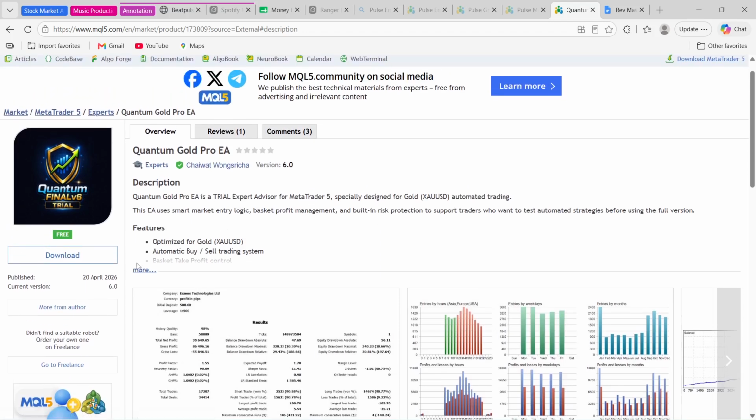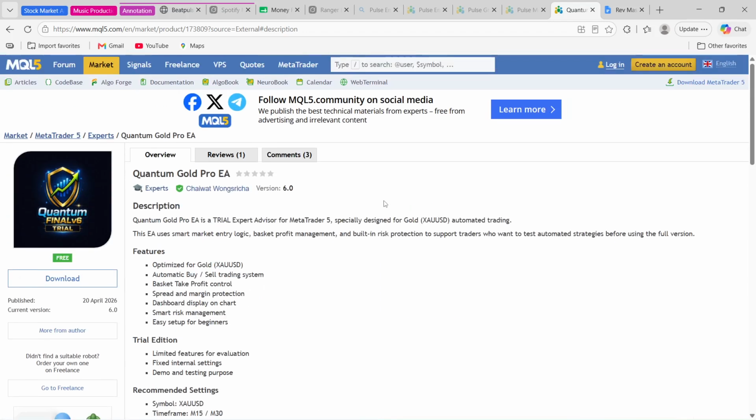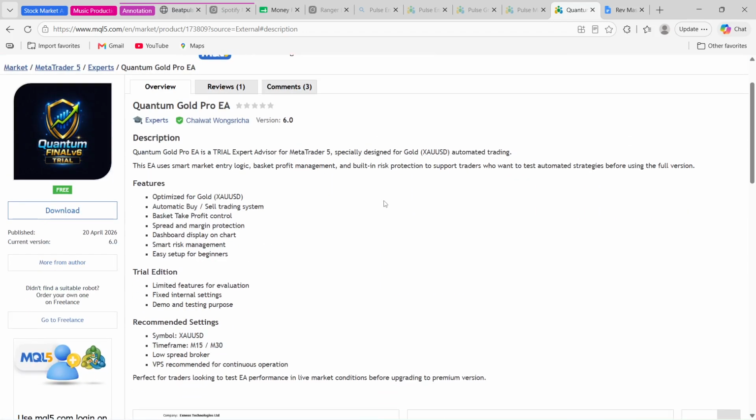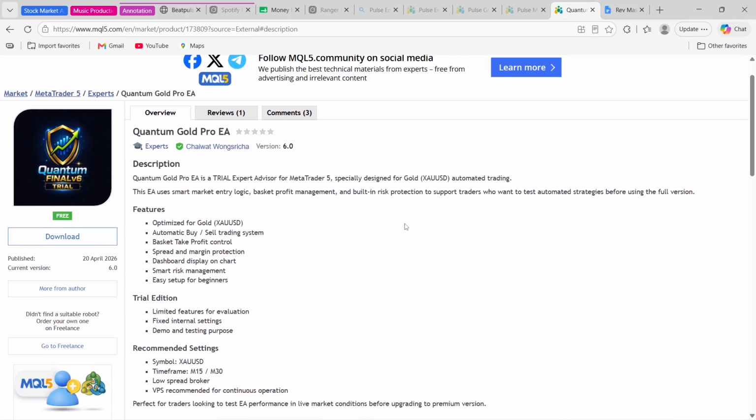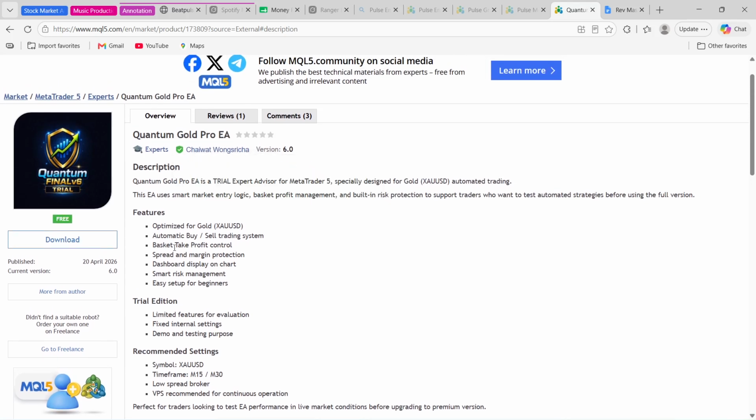Alright, so let's get into it. I'll just click on more. So from the MQL5 page, the Quantum Gold Pro EA is designed specifically for trading gold. As you can see, it's optimized for gold, XAUUSD, with sophisticated quantum-inspired algorithms that analyze multiple market dimensions for high probability entries.